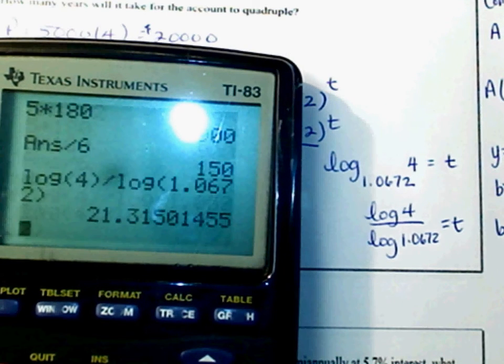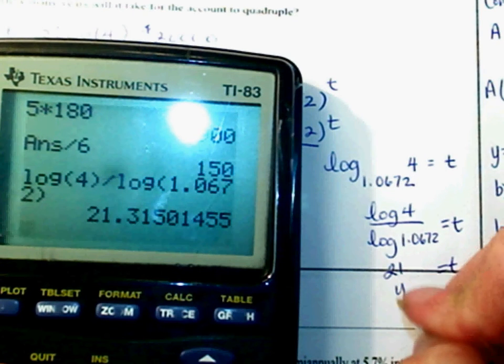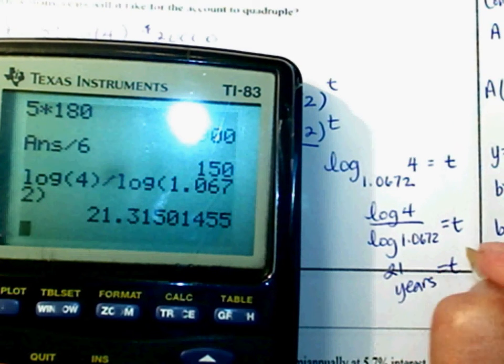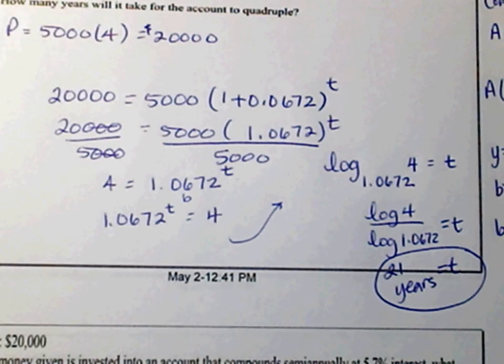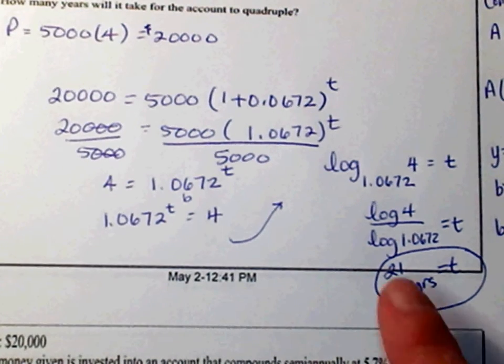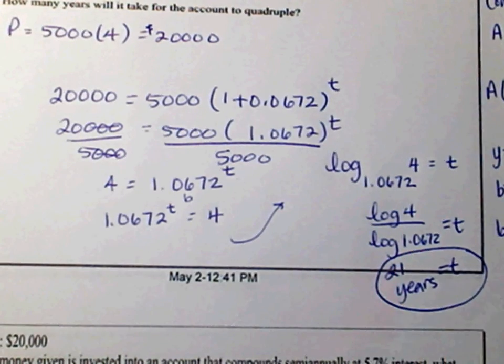So how many years is that going to take? It is going to take 21 years. So there's your solution for number 21. Okay. But on a TI-84, you can just use the alpha window. All right. 22.